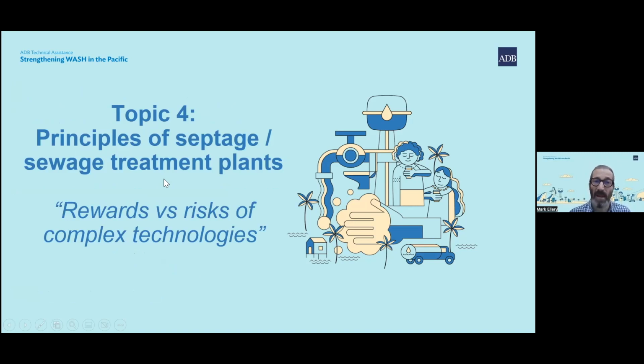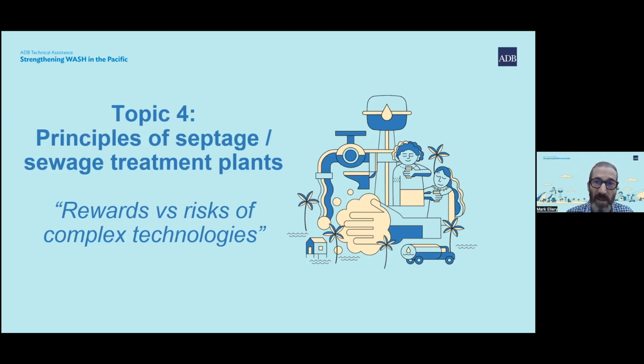The final topic is on when we're in the Pacific. Once the sludge is removed from the cesspit or from a septic tank, it needs to be treated in a septage treatment plant, or in some places package plants are being introduced in high-risk settings, or where there's capacity or pressure to go for higher technology options.